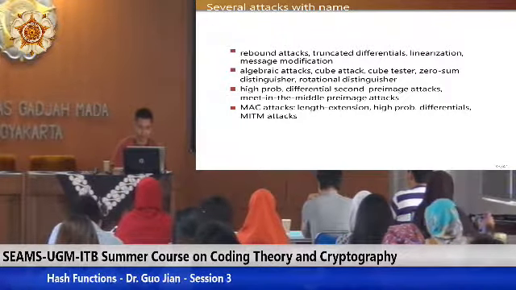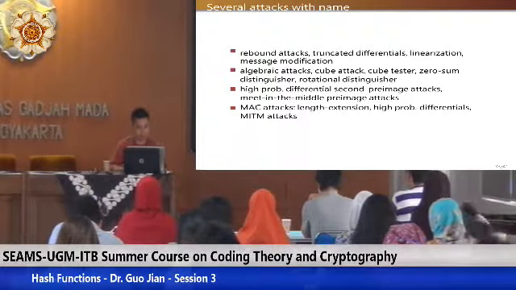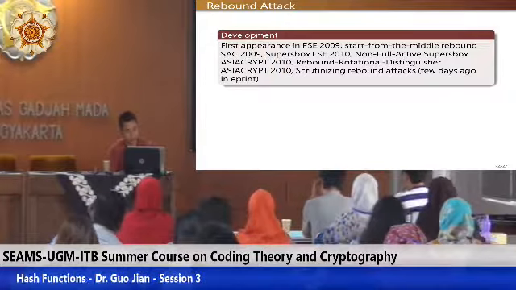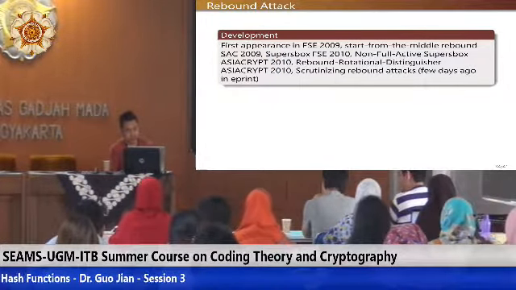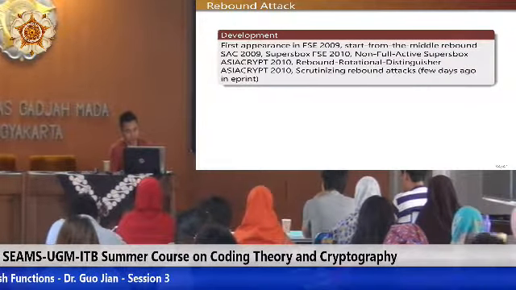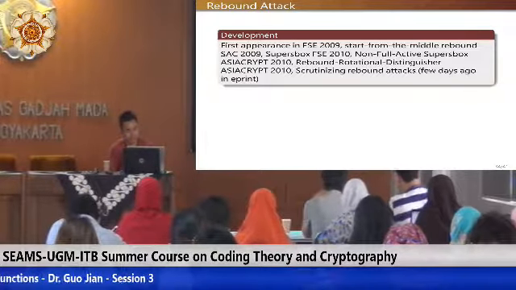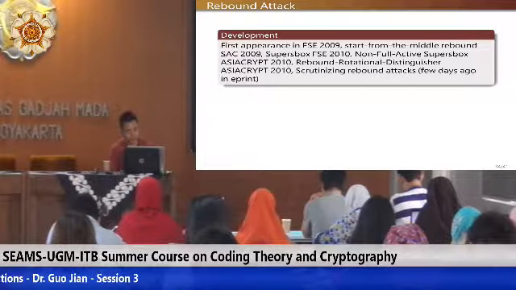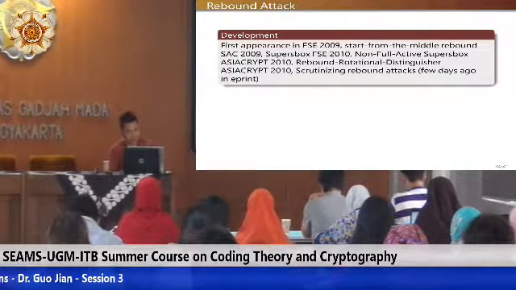The rebound attack actually first appeared in FSE 2009. It started from the start-from-the-middle rebound, and then moved forward to super S-box rebound, non-full-active super S-box rebound, rebound rotational distinguisher, etc.